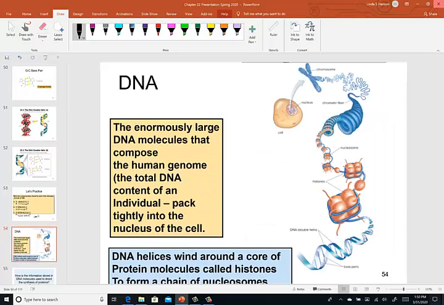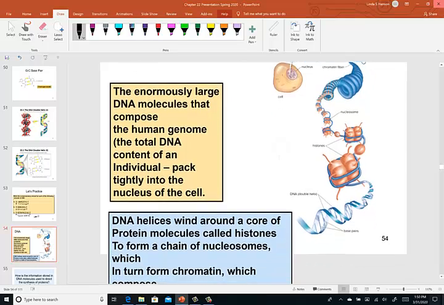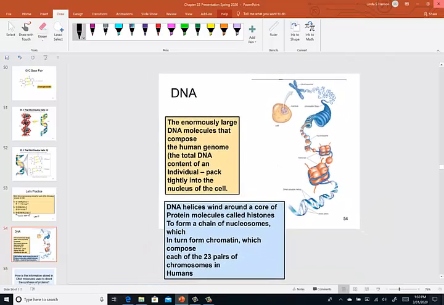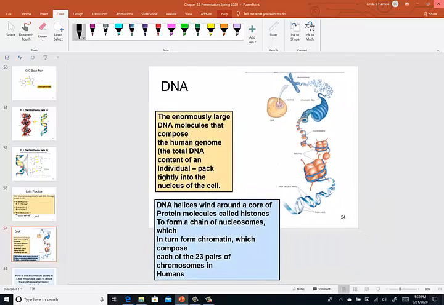This enormously large DNA molecule that composes the Human Genome Project, the total DNA content of an individual, if we just consider how it's put together, it's a fascinating thing. These are the individual base pairings of the alpha helix DNA. And as it begins to twist and twist, it wraps around a structure called histones, which are protein molecules.